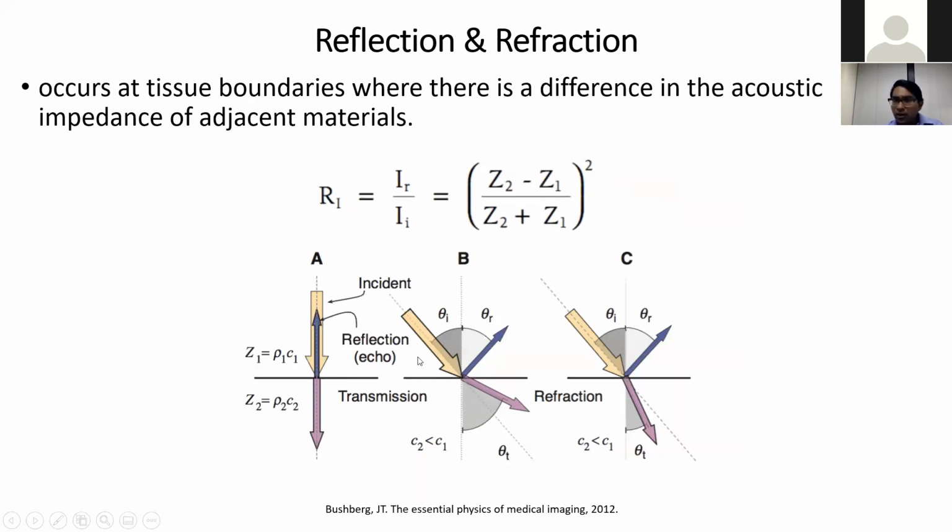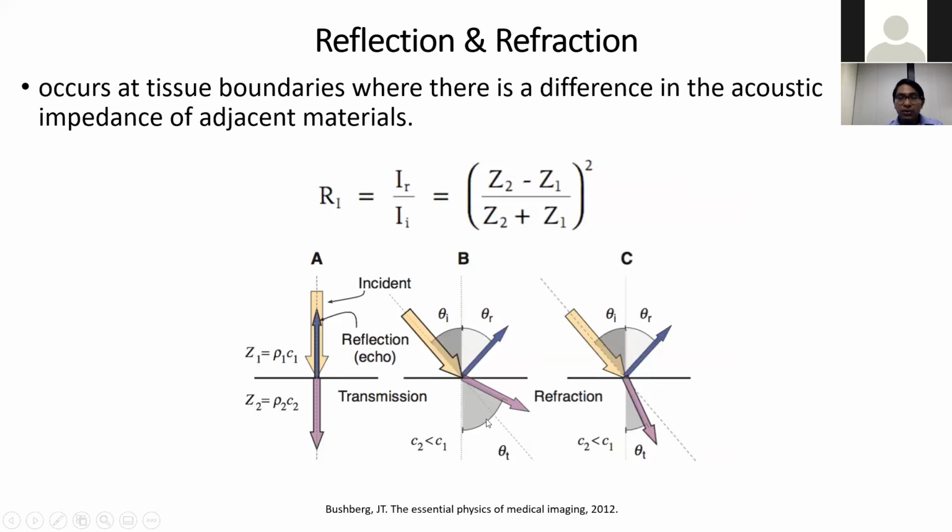I'll also introduce the concept of refraction here, which is very similar to refraction of light. If an incident sound wave is coming at an angle and not perpendicular to the medium, with theta I as the incident angle, there will be a theta R, equal to theta I, which is the reflection angle, and then there would be a refraction angle. This refraction happens due to the difference in speed of sound in medium 1 and medium 2.